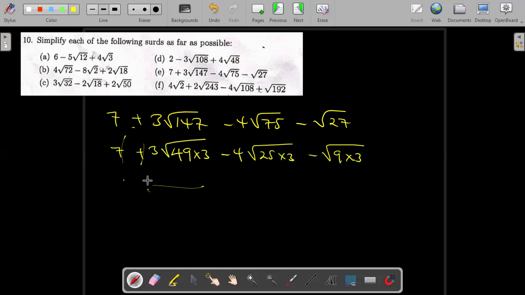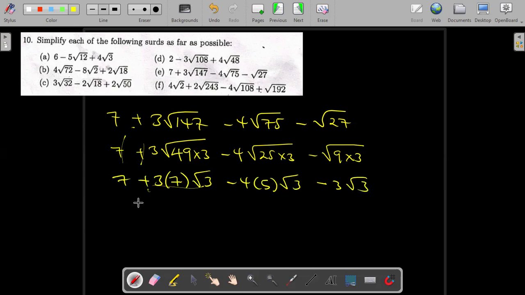This then is just going to give us 7 plus 3, the root of 49, that's going to be 7. Then root 3, like that, minus 4 to be multiplied by 5, then root 3. Then you have this to be 3 multiplied by root 3.